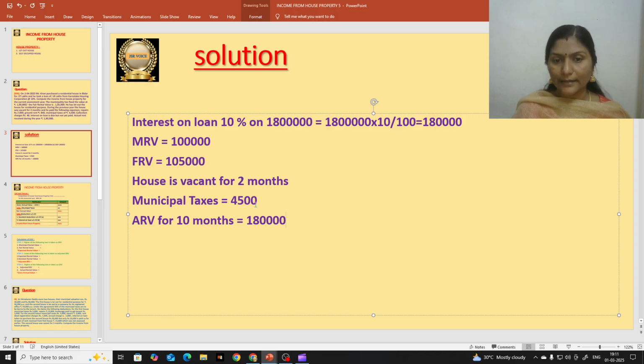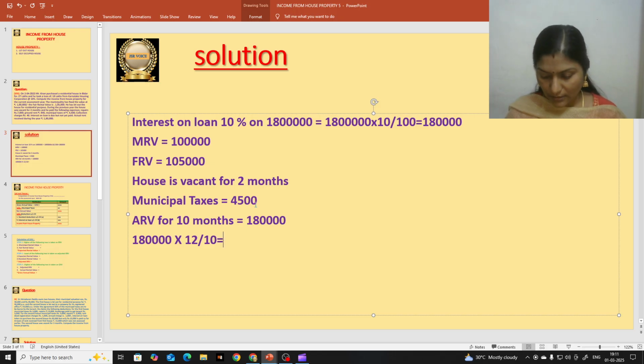How to calculate that? Let us calculate that here. So for 10 months it is 1,80,000. 1,80,000 into, we need for 12 months. You can write into 12, divided by, so 1,80,000 is for 10 months, so you can write divided by 10. So we will get how much?